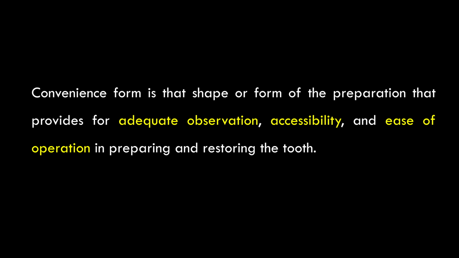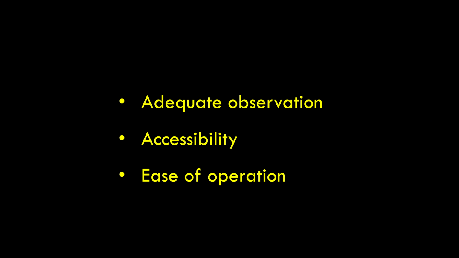By definition, convenience form is the shape or form of the preparation that provides for adequate observation, accessibility, and ease of operation in preparing and restoring the tooth. So there are 3 points which have to be taken into consideration. It should provide adequate observation, accessibility, and the ease of operation by the operator.